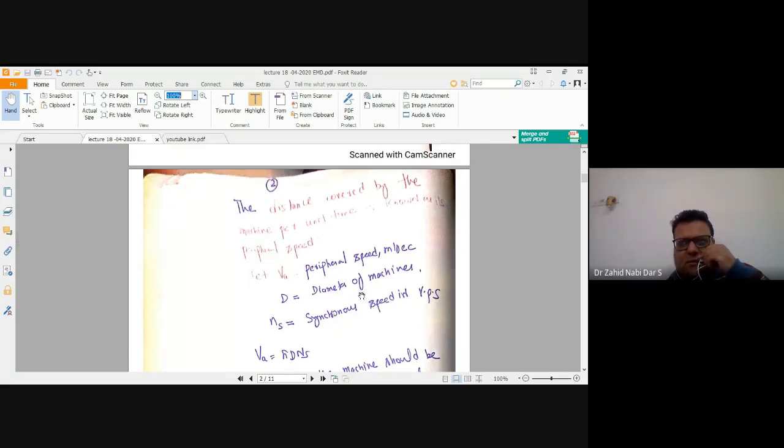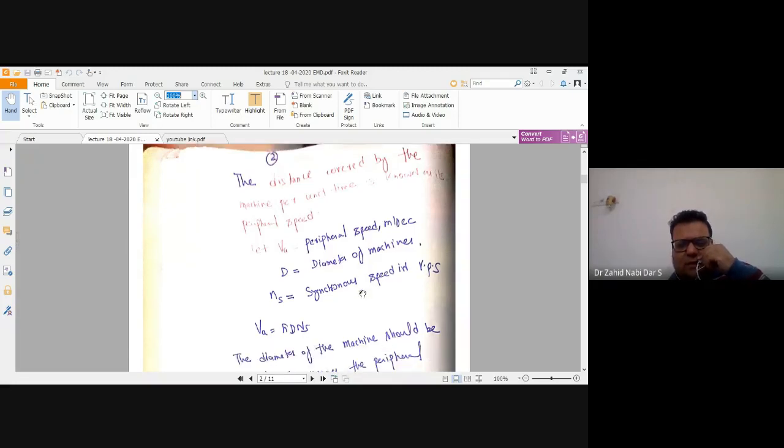Synchronous speed capital NS is 120 F by P, that is in rotation per minute. But here we are taking it in rotation per second. So your NS would be not 120 F by P; yesterday's class we have given it: small ns is capital NS by 60, so it would be 2 F by P.